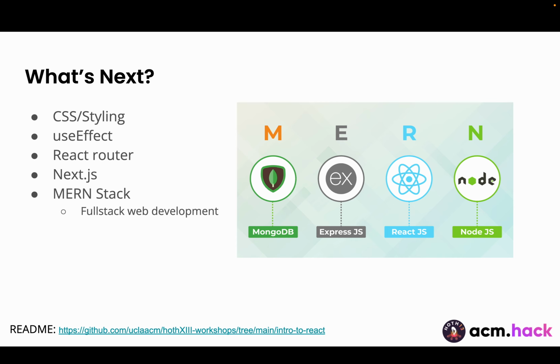There's also useEffect, React Router, Next.js, and other more advanced React topics. In fact, React is part of the MERN stack, which is one of the pretty modern ways to create a full stack web app with a whole database and a front end that users can interact with. So if you want a jumping off point to use in future projects, I recommend using the MERN stack.